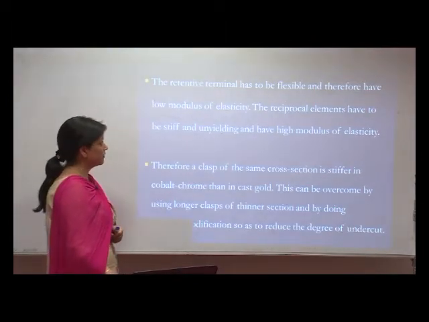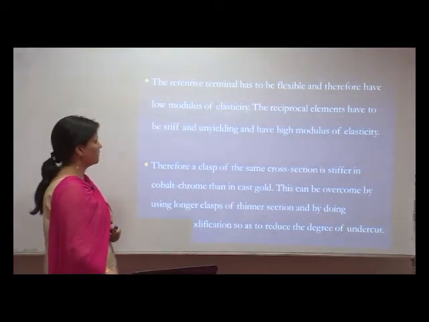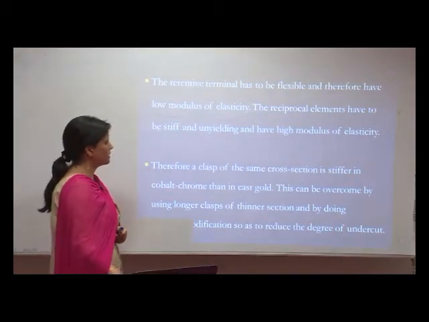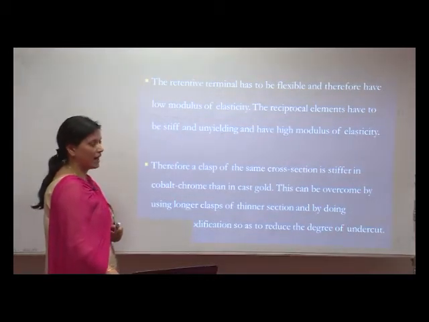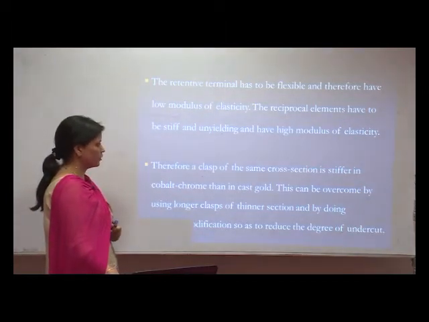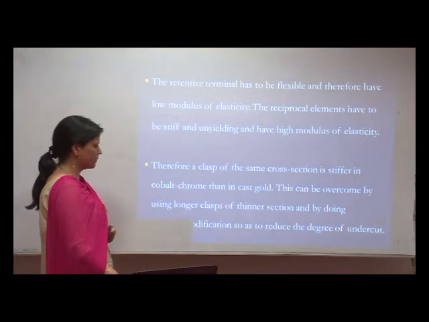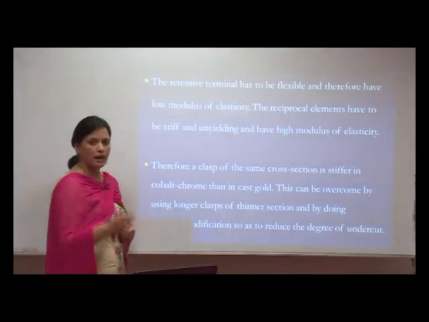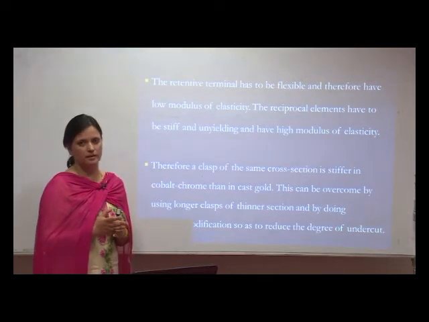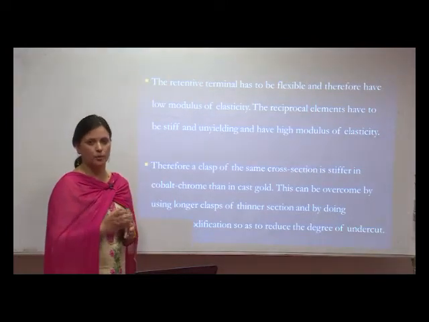The retentive terminal has to be flexible and therefore have a low modulus of elasticity. The reciprocal elements have to be stiff and unyielding and have a high modulus of elasticity. Therefore, a clasp of the same cross section is stiffer in cobalt chromium than in cast gold. A cast gold clasp will be more flexible than a cobalt chromium clasp.